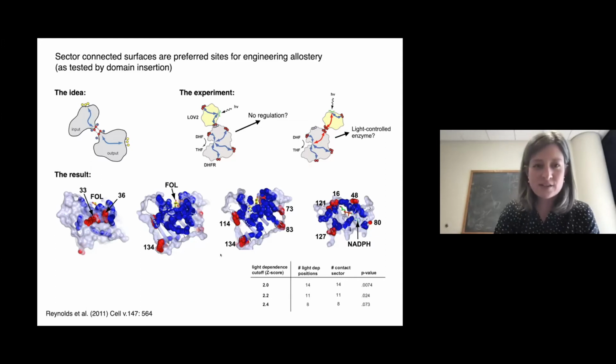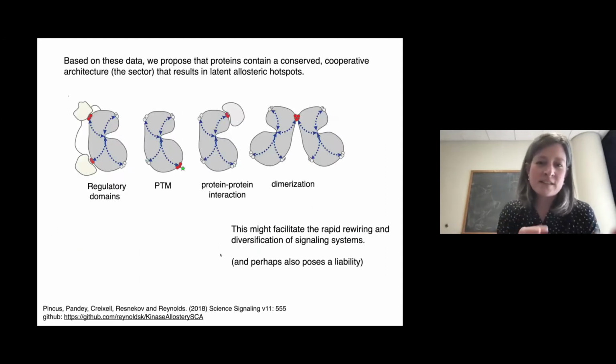Okay, so we see this result. Based on these data, we're proposing that proteins contain a conserved cooperative architecture that we're calling the sector, which can result in latent allosteric hotspots. When we look across a protein family with many homologs, we see a bunch of different regulatory mechanisms, whether regulation by post-translational modifications, PPIs, or dimerization.